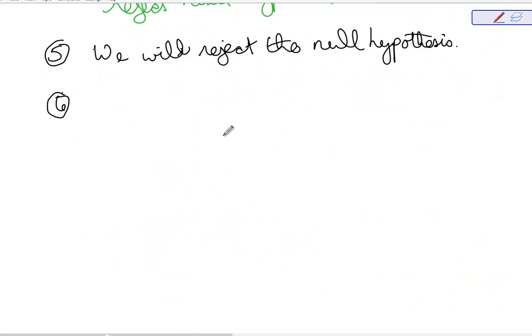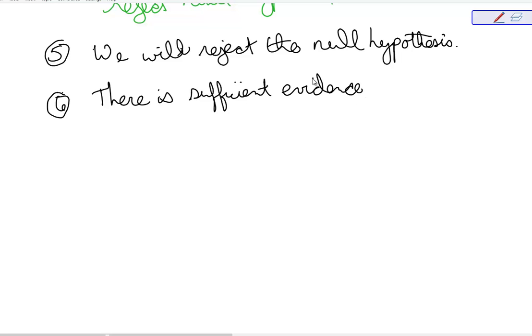So when I come back down here, there is sufficient evidence. And all I'm doing is literally taking that question, the last sentence of the problem, and rewording it to say there is sufficient evidence or there is not sufficient evidence.